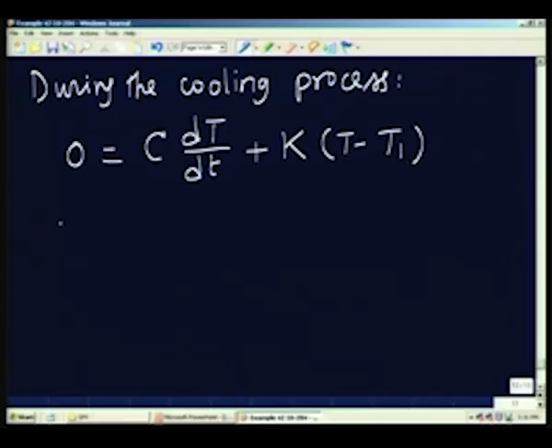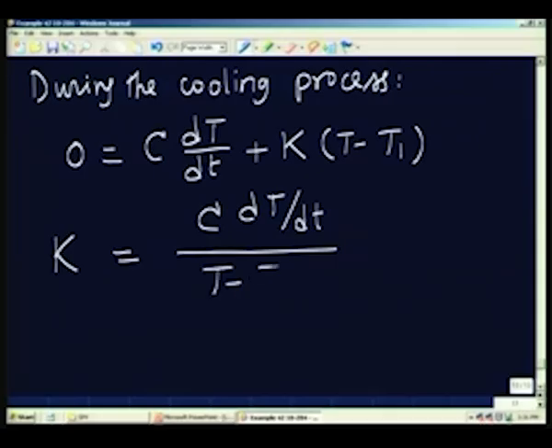So, I can rewrite it in the form K equal to C dT/dt divided by (T minus T1).